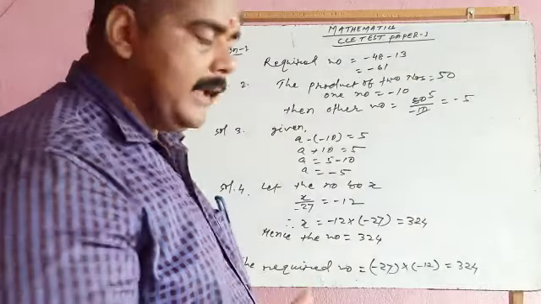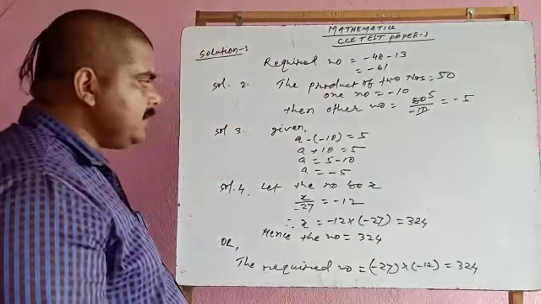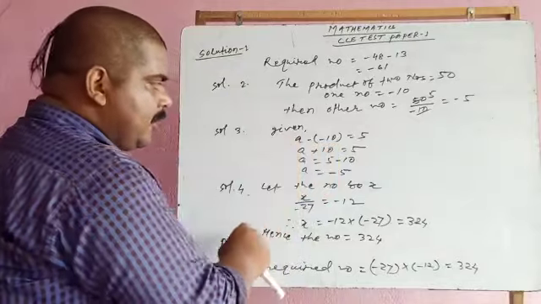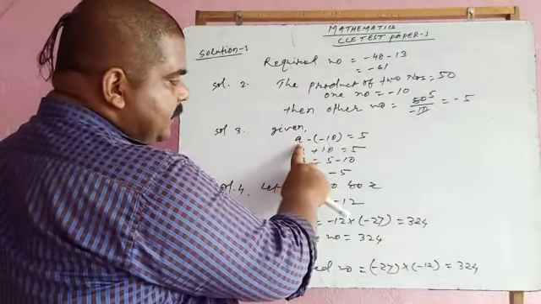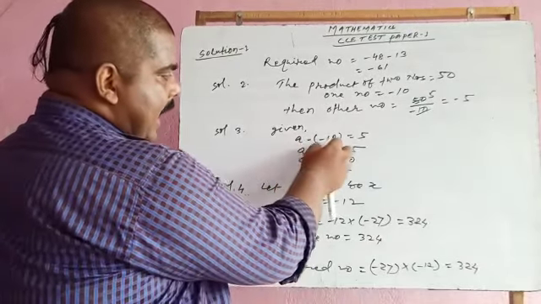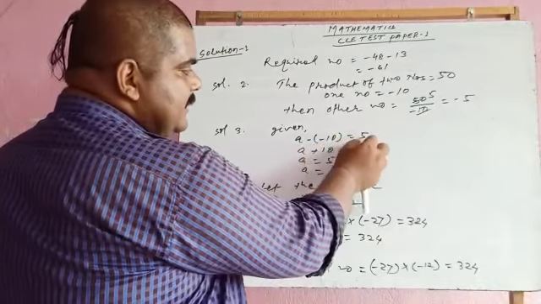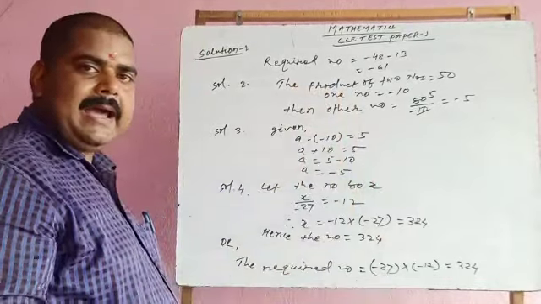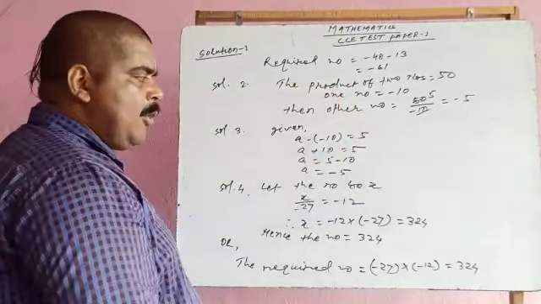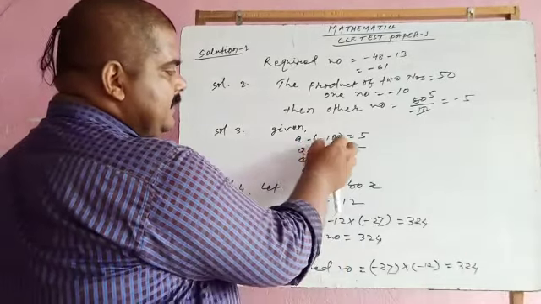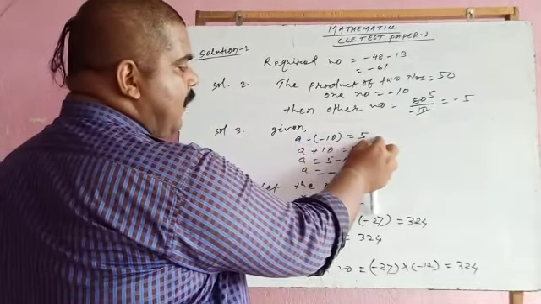In the third question, it has been given that the difference between a number a and minus 10 is equal to 5. So I have expressed it as an equation: a minus minus 10 is equal to 5.